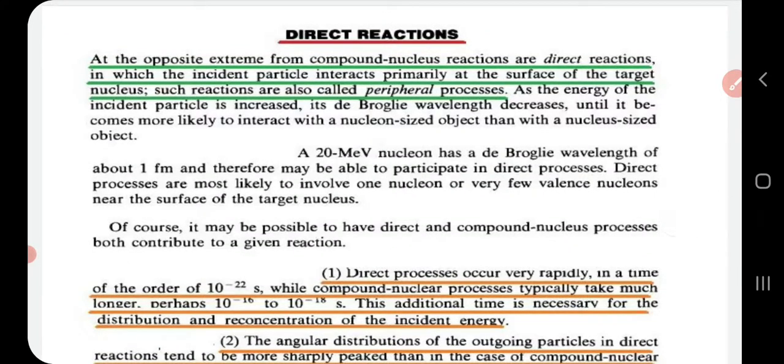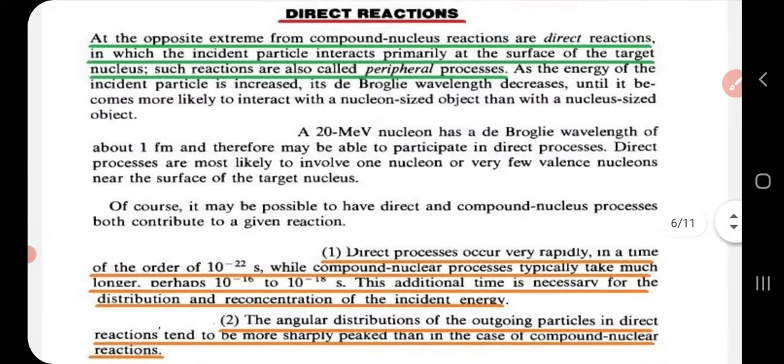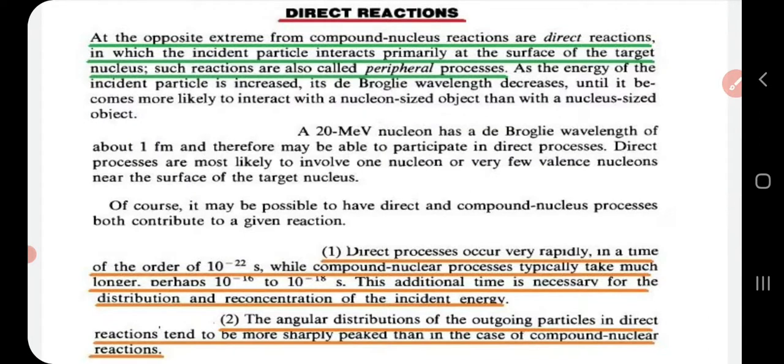Next one is direct reactions. Now direct reactions stand at the opposite end of compound nucleus reactions, and they are also called peripheral processes.